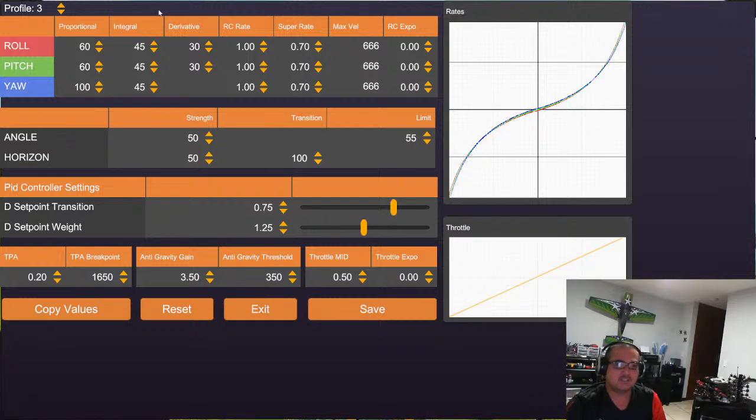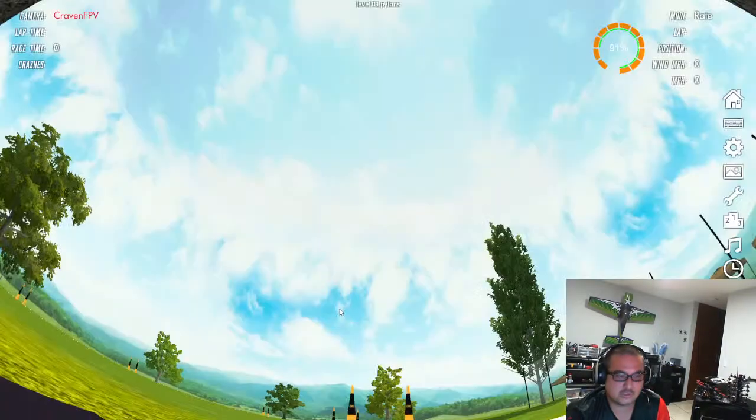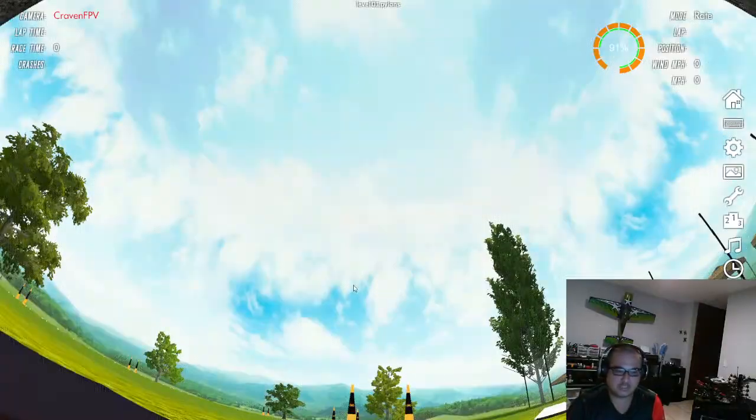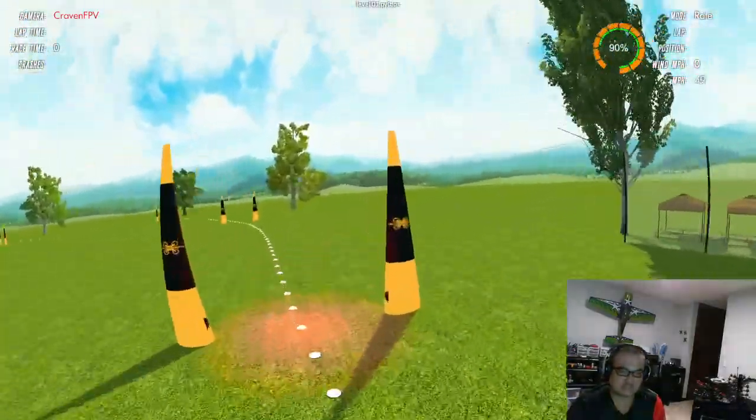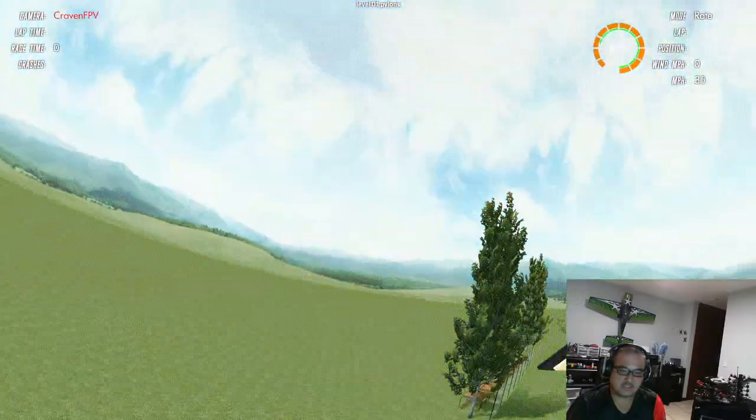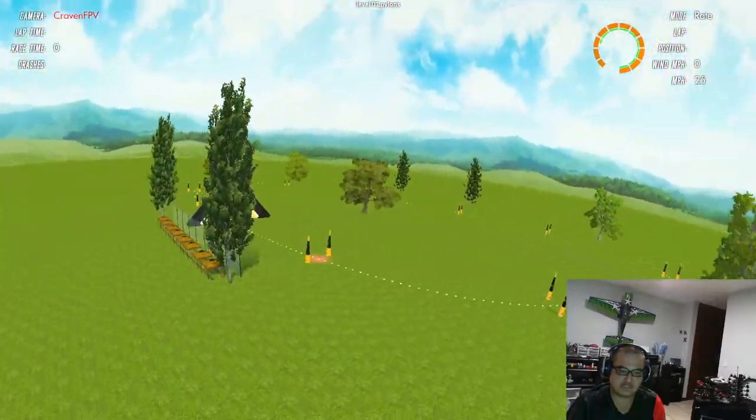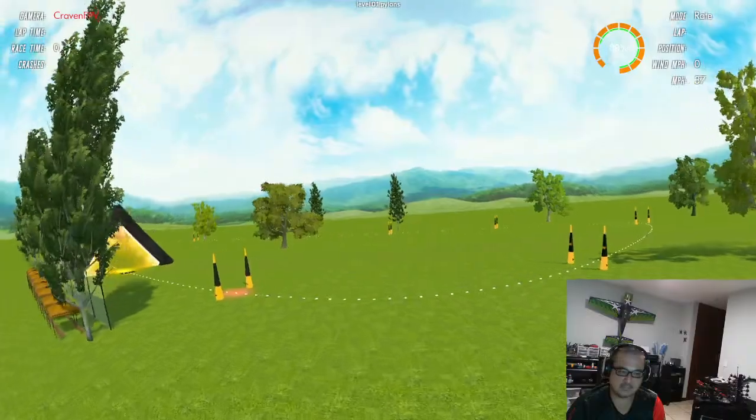So these are the default betaflight rates, and I've got to say I think they're incredibly well chosen. They're not for racing, but they're actually really great. I don't actually fly them, so don't judge them by my flight, by the way.